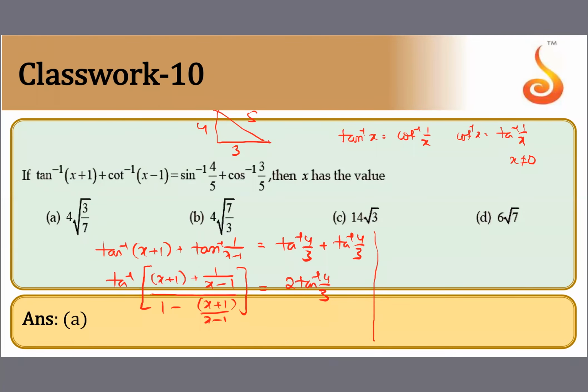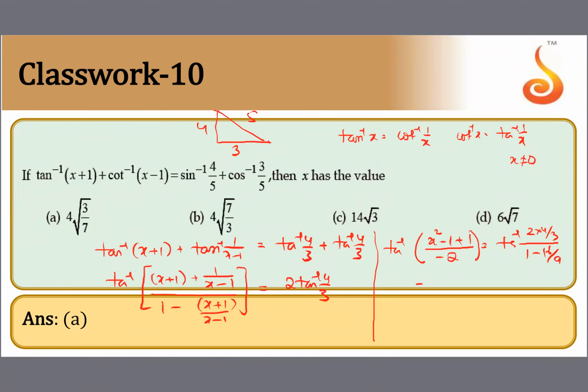Next we get tan inverse of x square minus 1 plus 1 by x minus 1 minus x minus 2, which equals 2 tan inverse x, is tan inverse 2 into 4 by 3 by 1 minus 16 by 9.